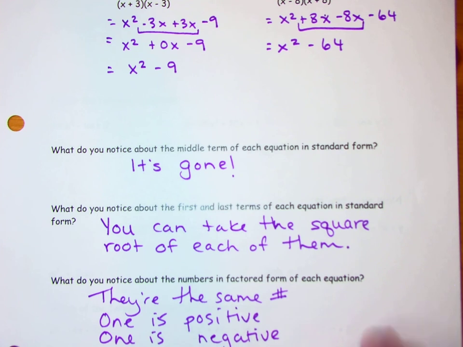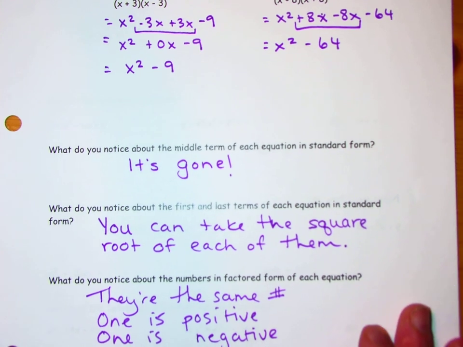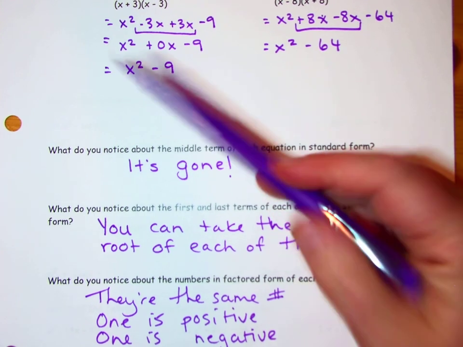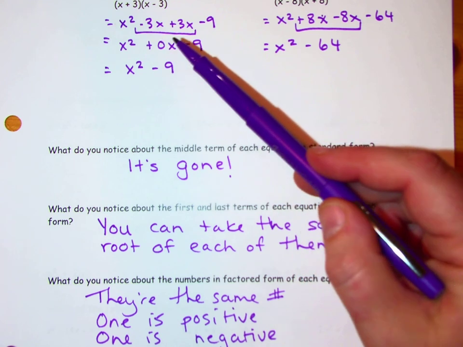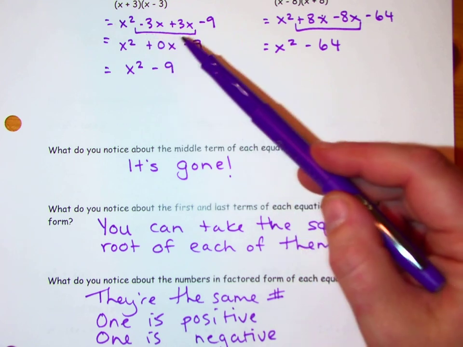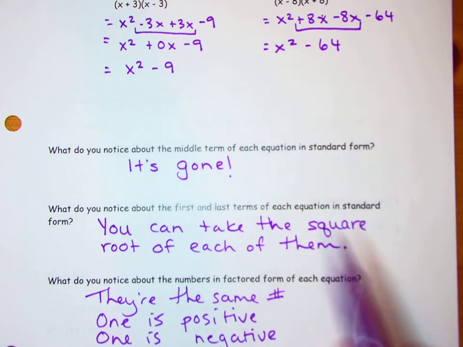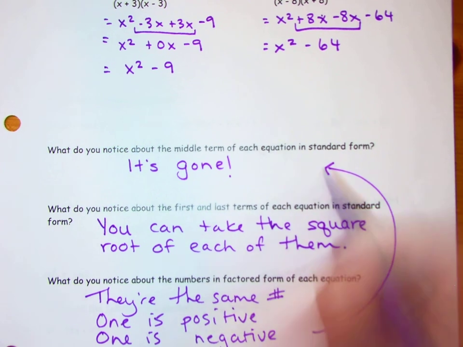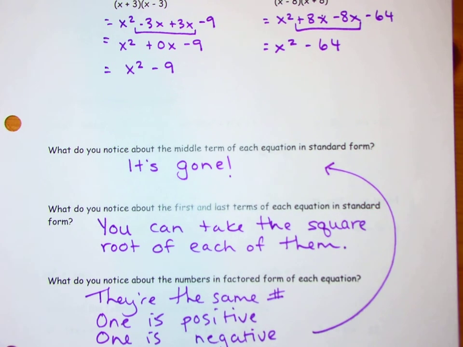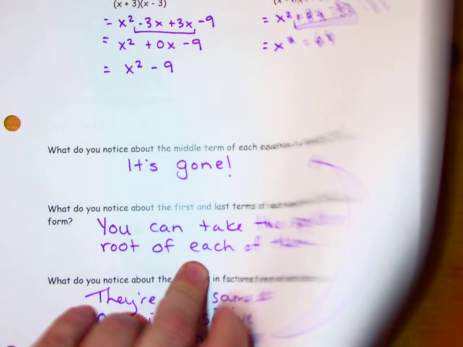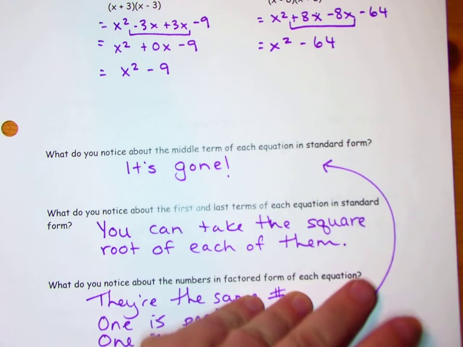And that's really important because when we have the same number, one's positive and one's negative, and we expand it out, what we're left with when we simplify is 0. So that leads to this middle term going away. Here's some examples for you.